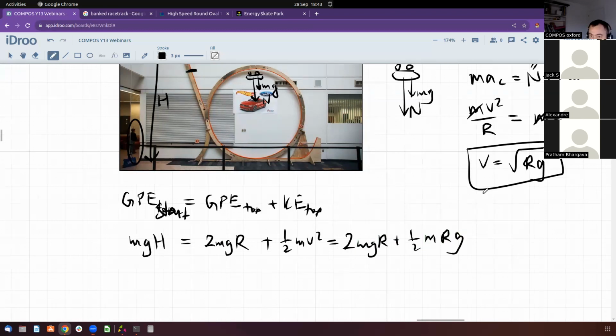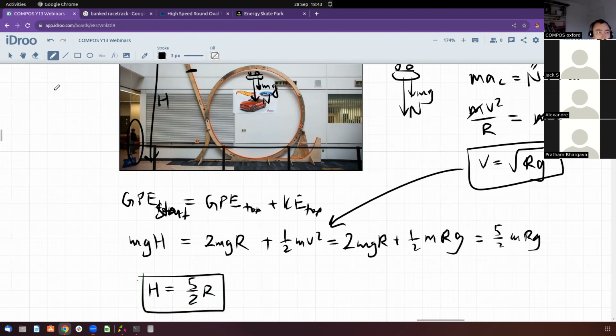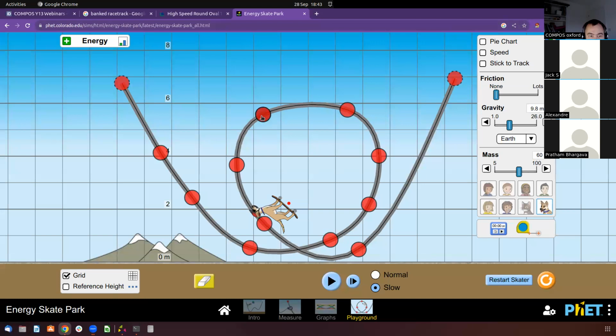You see, because I've put that in here, that makes 5/2 mrg. So mg cancels, and you have h is equal to 5/2 r, 2.5 radii. Let's check.